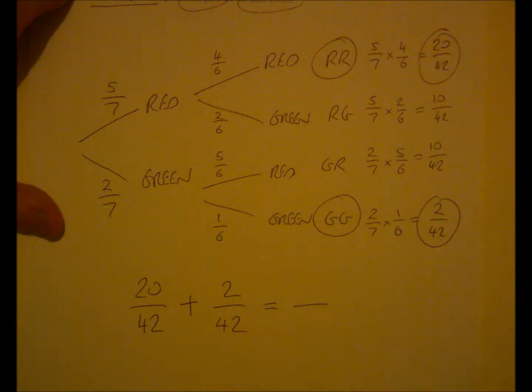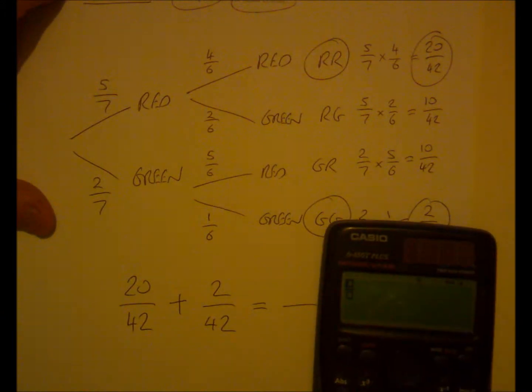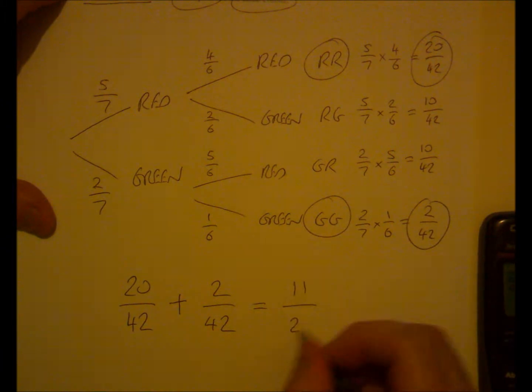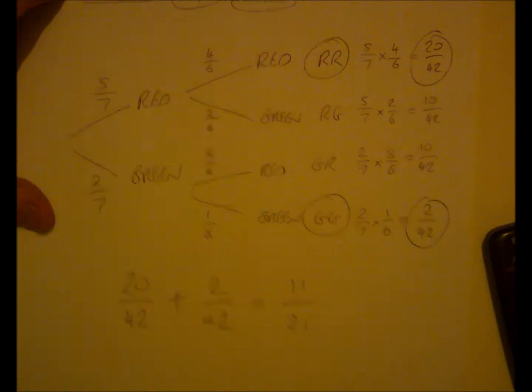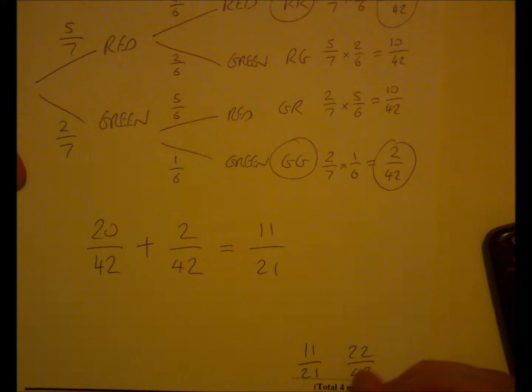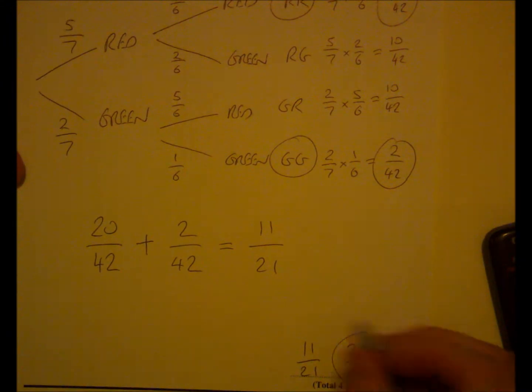If you add them together, you do have a calculator. So 20 over 42 plus 2 over 42, and that gives you 11 over 21. Can I just point out that 22 over 42 would also be allowed for that final mark.